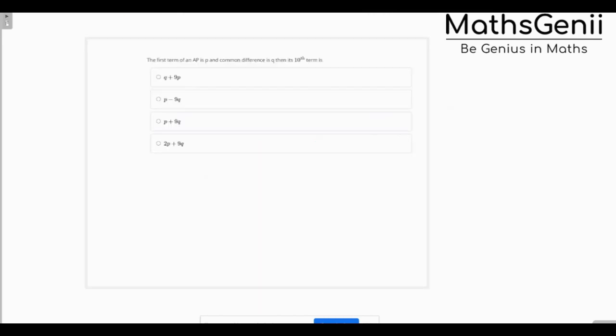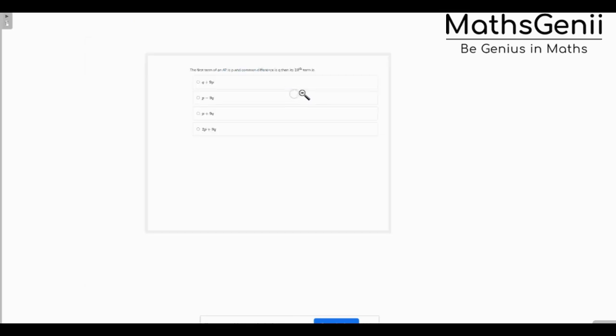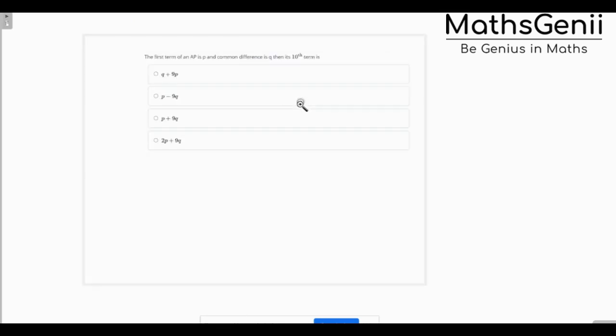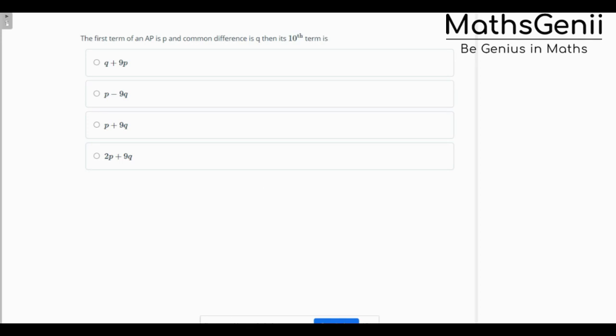Now in the next question, we will quickly revise what are the terms that are used in the chapter AP. First is the first term.